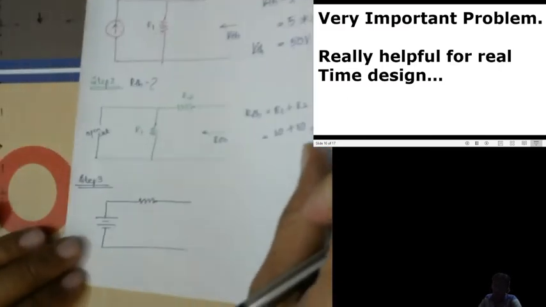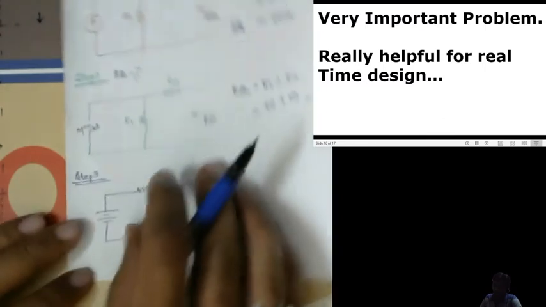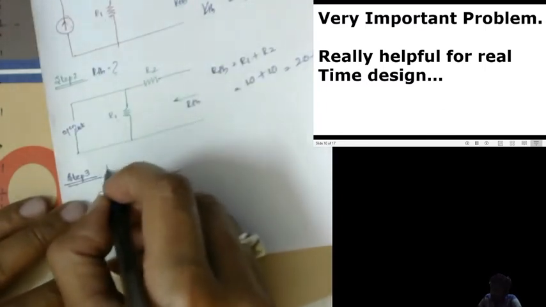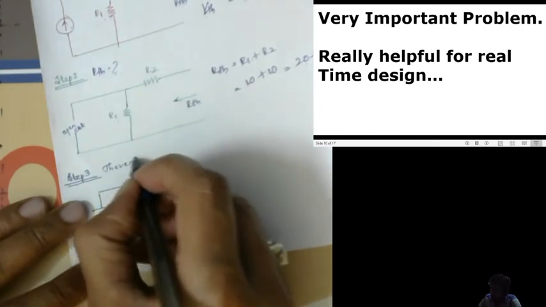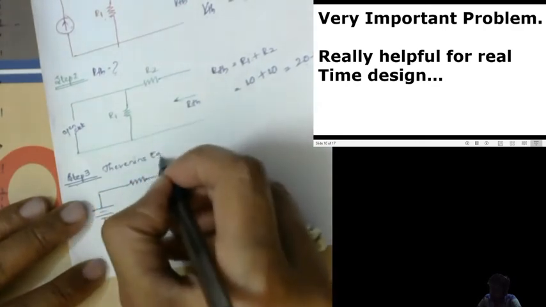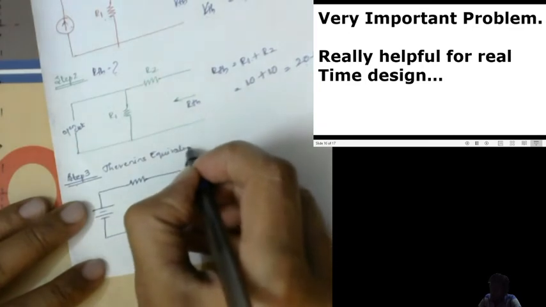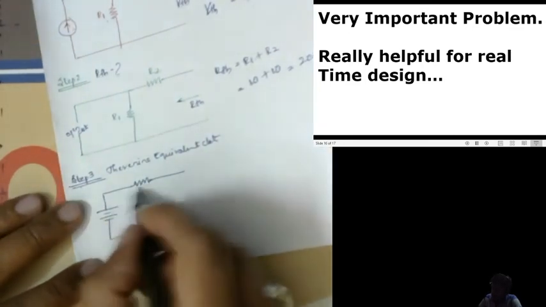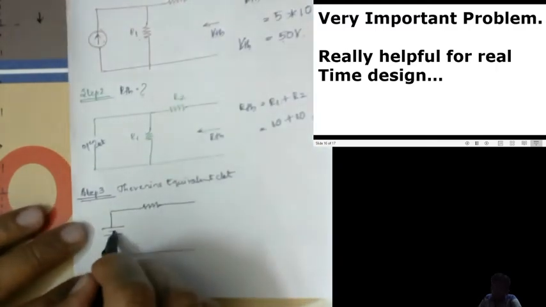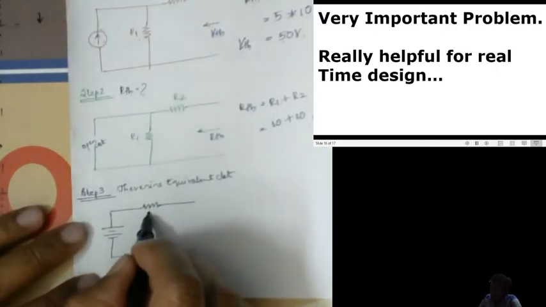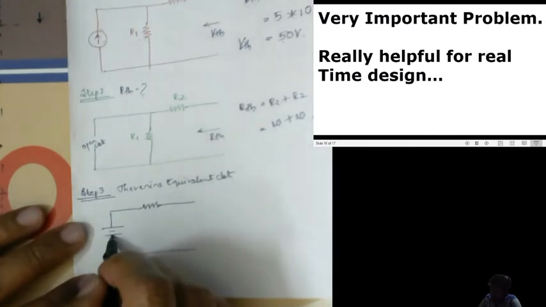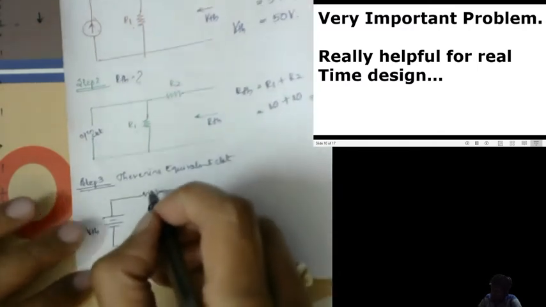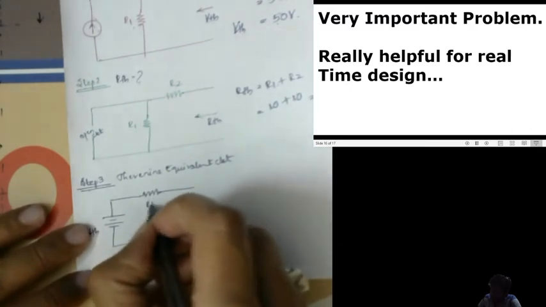Now, step number 3. Here, you need to draw the circuit diagram of the Thevenin equivalent circuit. It has only one independent source and one series resistor. The independent source is represented by VTH and the resistor by RTH.